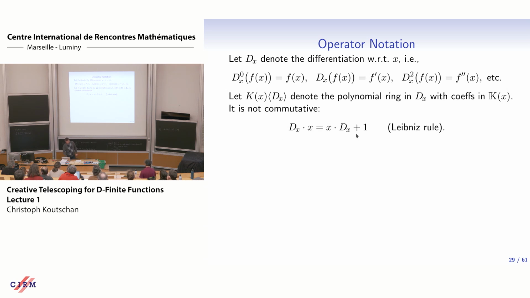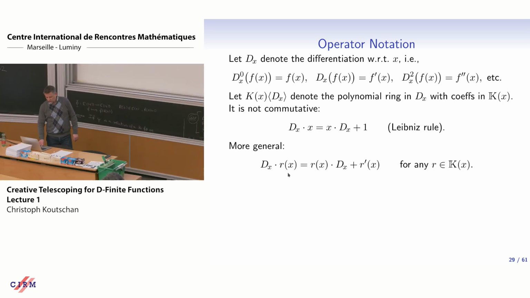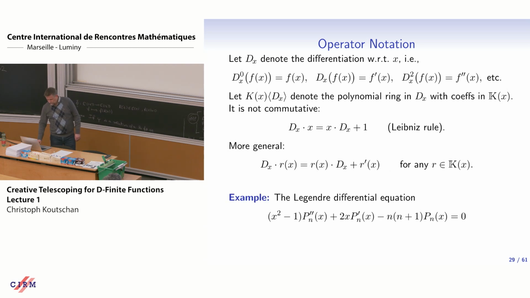So you have this non-commutative identity in this ring. And to remind us, I use this angle bracket notation. Or more generally, if you have D_x times any rational function r(x) in this algebra, then it's r(x) times D plus r prime for any rational function r.